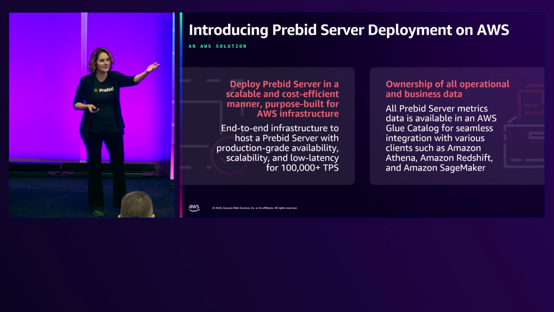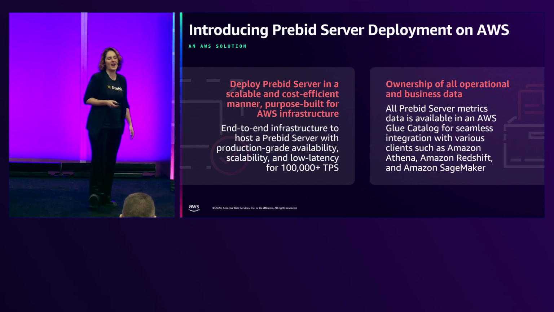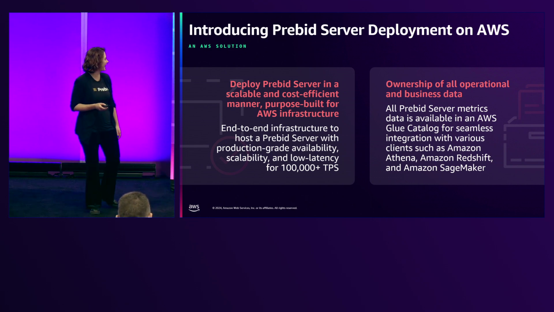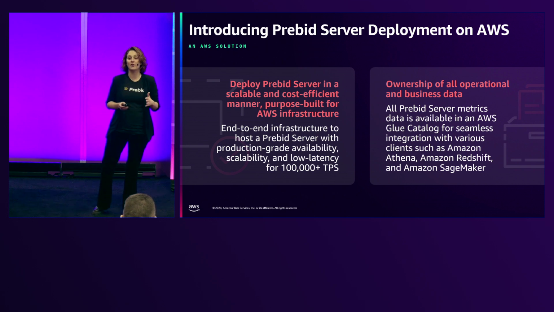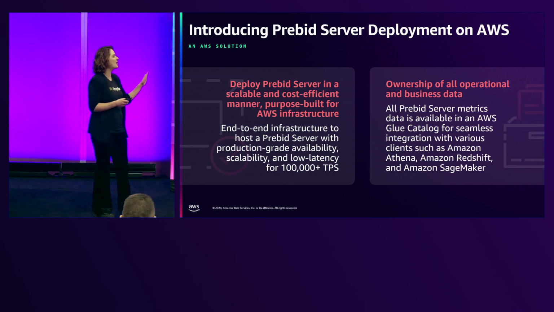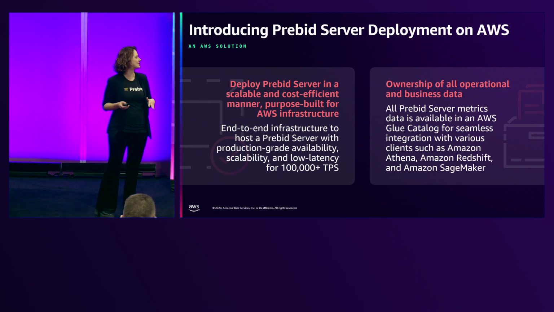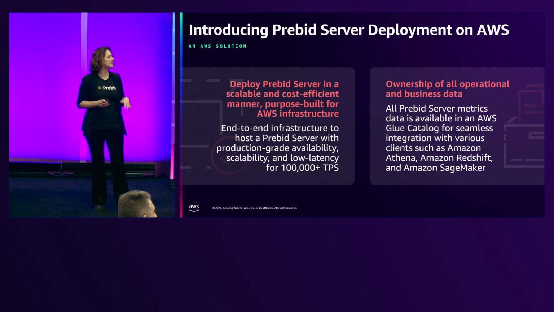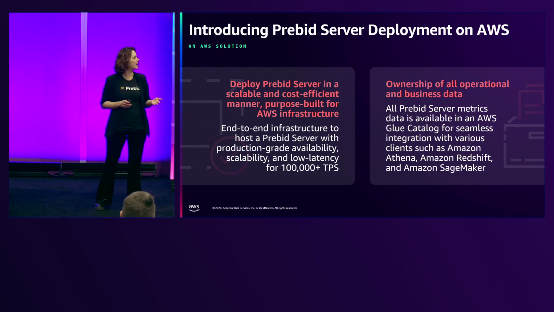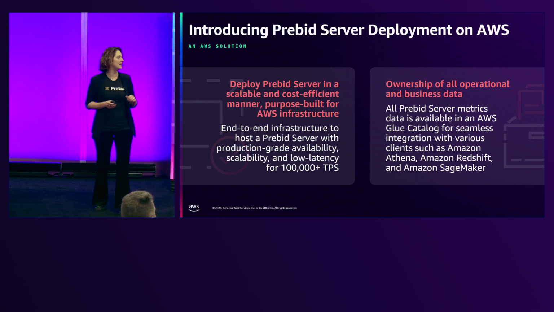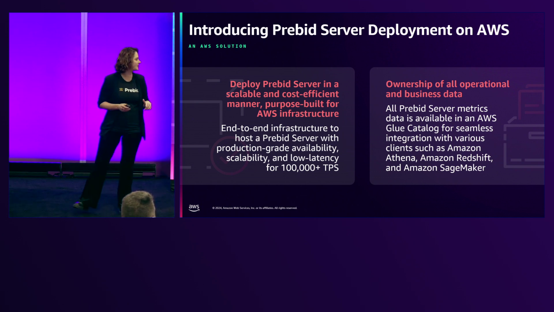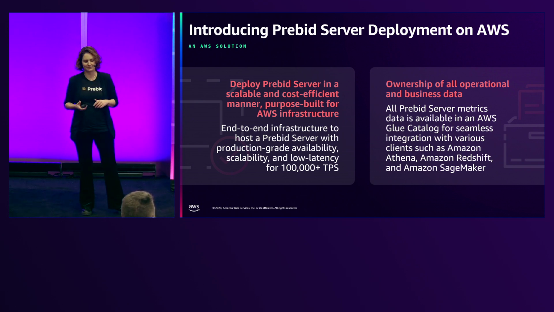See how excited they are about this, right? All for over 100,000 TPS. Now, because this is in your own VPC, you have ownership of all your operational and business data. So Prebid Server metrics are available in AWS Glue catalog for seamless integration with various clients such as Athena, Redshift, and Amazon SageMaker.